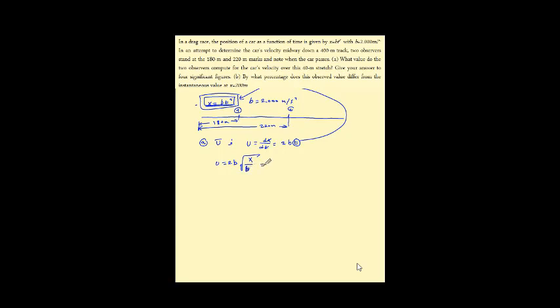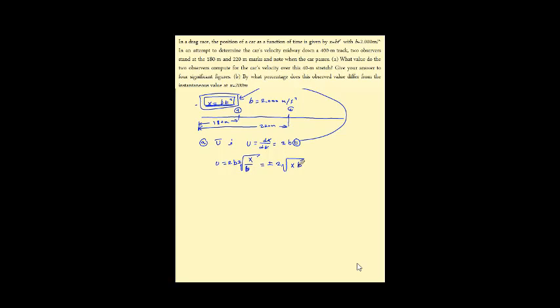We must not forget the plus minus sign. So this is equal to plus minus 2 square root of xb.